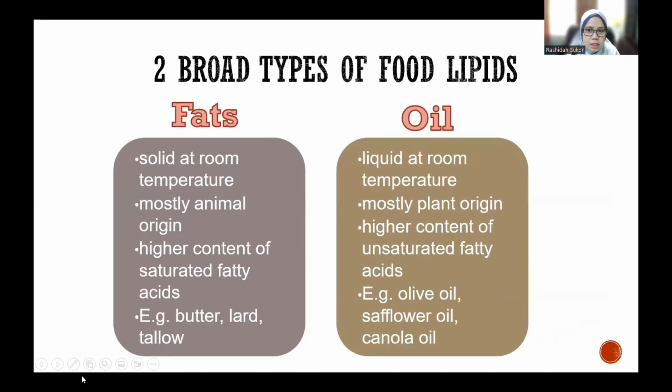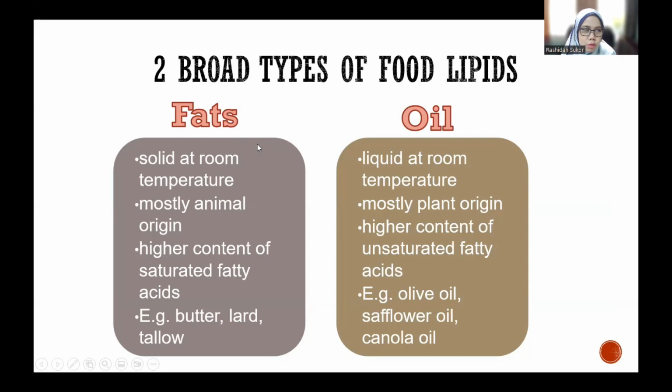So this is what I was mentioning just now. When we talk about types of food lipids, we have the fats and also the oils. When we say fat, normally we are referring to the physical fat, which is solid at room temperature. We don't normally call oil fat, although both are lipids.